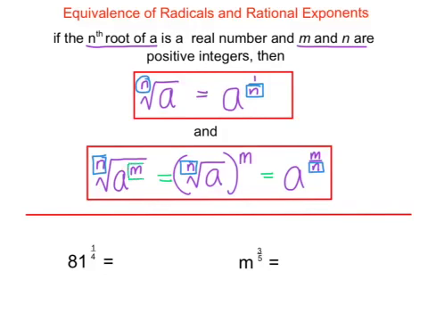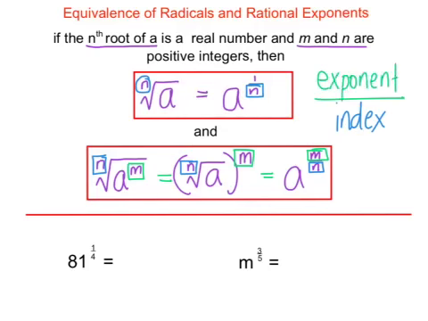The exponent, no matter where it's sitting, is always your numerator. So the index is the denominator, and our exponent is the numerator in the new exponent. Because notice on this a up top, technically there is an exponent of 1. That's why the numerator in that exponent is a 1.